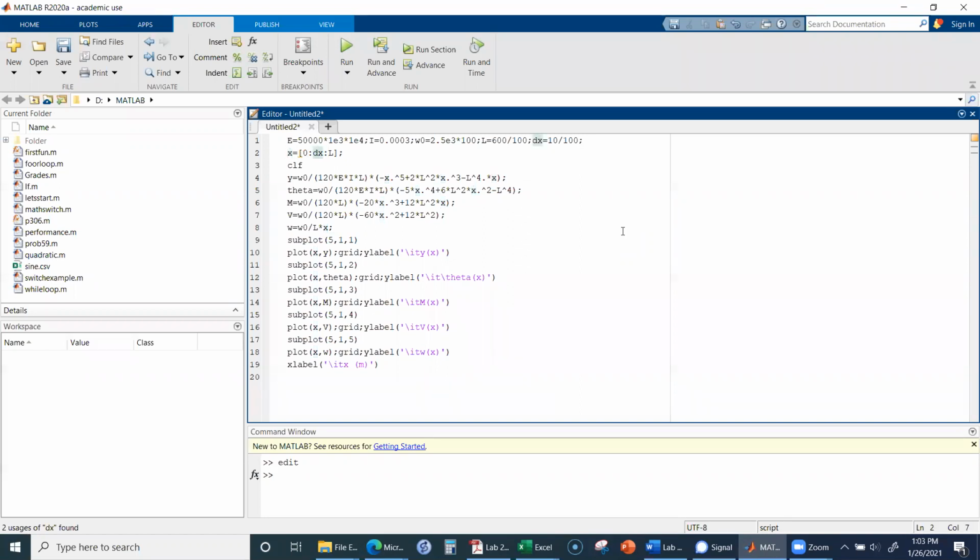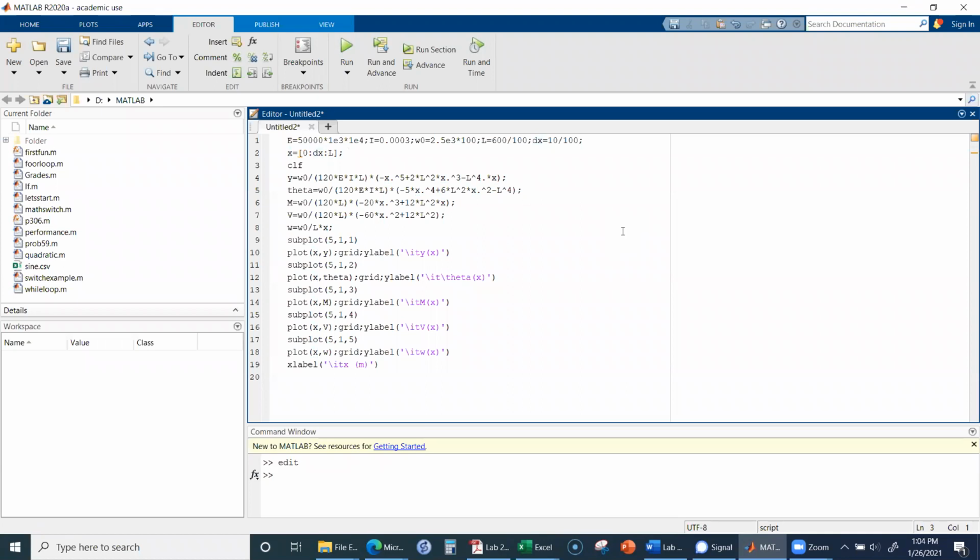That means we need to plot the values of x, and then we need to give some interval. So that's why we took an interval of 10 centimeter, okay? So from 0 to L. So this is the value.